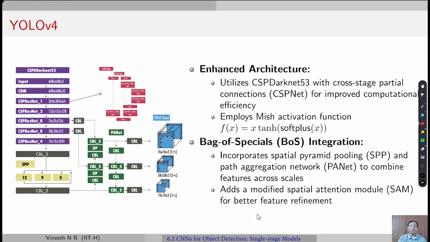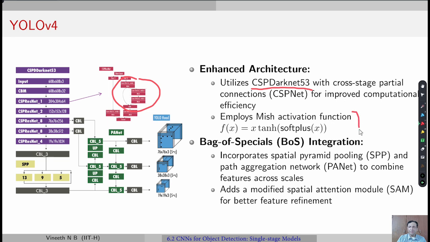Subsequently came YOLO v4, which introduced a gamut of changes. In particular, it used an architecture called the CSP Darknet 53, an improvement of Darknet 53, which also had cross-stage partial connections within its architecture. This improved the computational efficiency of the model according to the creators of this particular framework.